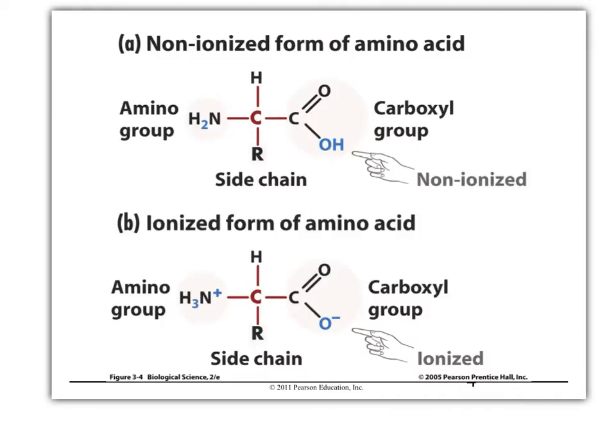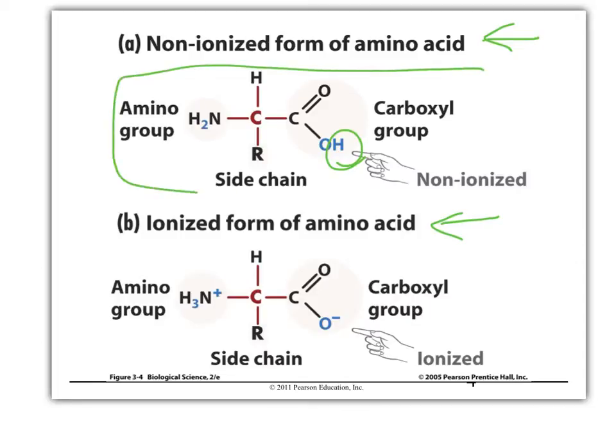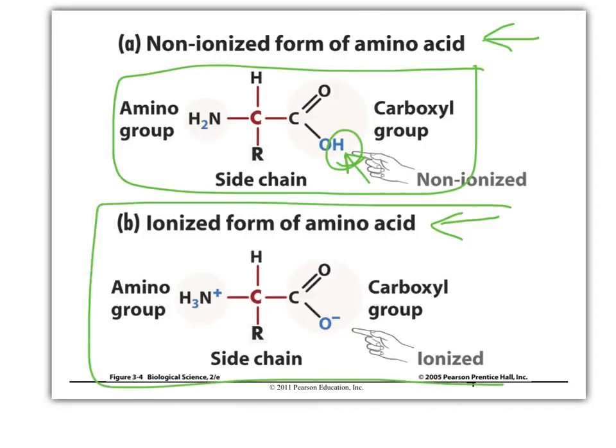If we look, here would be a non-ionized form of amino acid, essentially with its proton. Okay, I'm not going to ask you the difference to tell me, ooh, is this ionized or unionized? But some of the pictures you're going to see, some of the pictures will look like this with the hydroxyl group. Most of them will actually look like this without the hydroxyl, right?